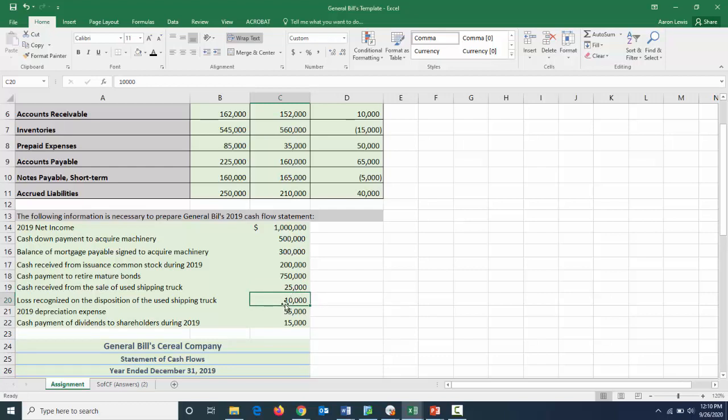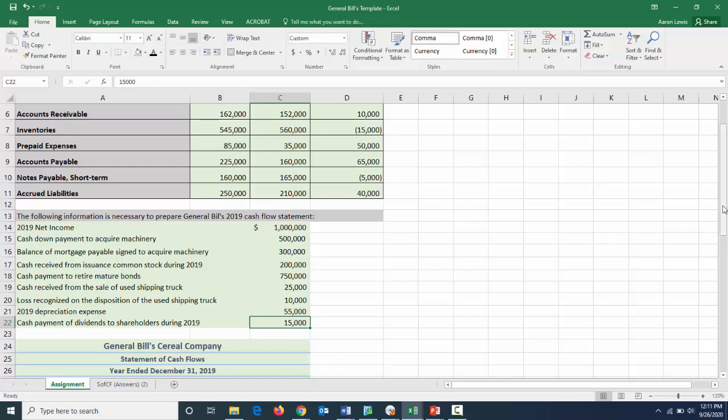We took a loss on the disposition of this truck of $10,000. So essentially what happened here is we got $25,000 in cash for the truck, but our book said it was worth $35,000, so we have to report a loss of $10,000. Our current year depreciation expense was $55,000, and we paid $15,000 in cash dividends to our shareholders.